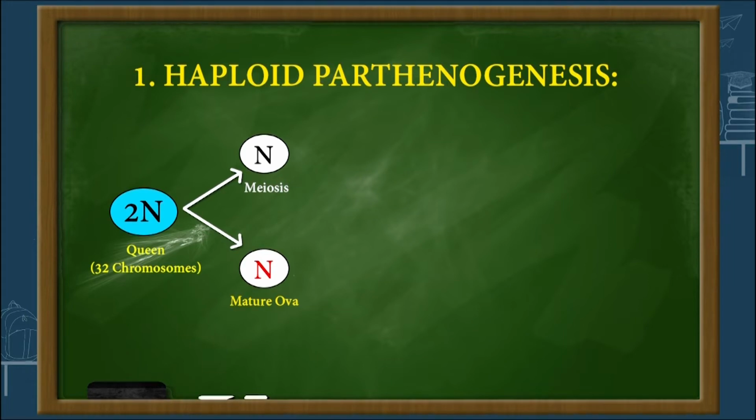This is a special type of storage system in the queen, and as she lays eggs, she can either fertilize the eggs or allow them to pass unfertilized. She has a choice.